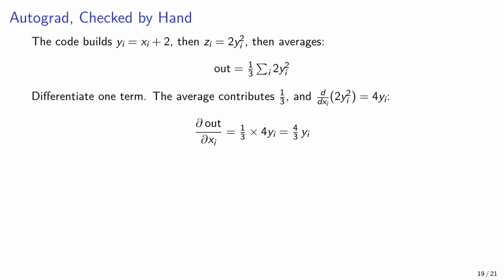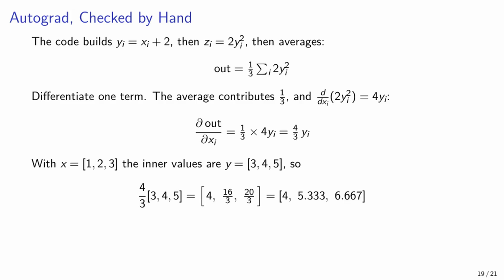The average contributes 1/3, and the derivative of 2y squared with respect to y is 4y. So the partial of the output with respect to x sub i is 1/3 times 4y, which is 4/3 times y. With inputs 1, 2, 3, the inner values are 3, 4, 5.